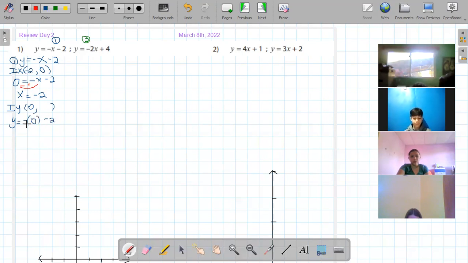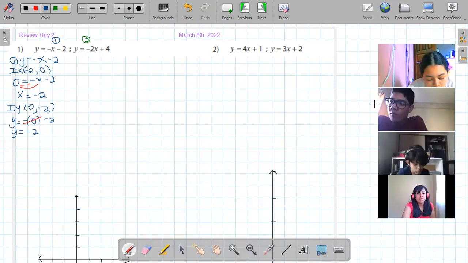And I don't care that I have a negative on the outside, I cancel that as well, because 0 multiplied by anything, even by a negative sign, will be 0. What do I have left? Negative 2. In this particular case, we got exactly the same number, negative 2 in both, but they are different points. Remember, one is the x-intercept and the other one is the y-intercept. I finished with that part.